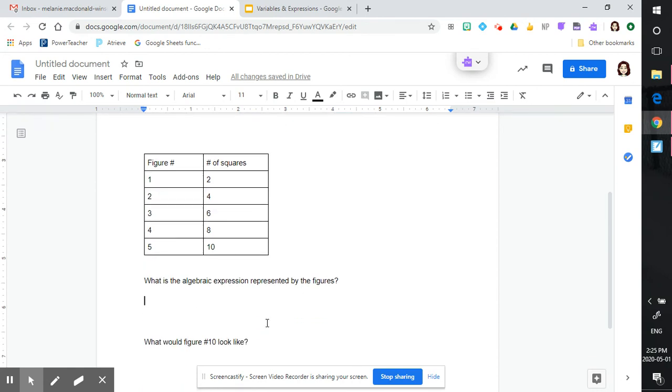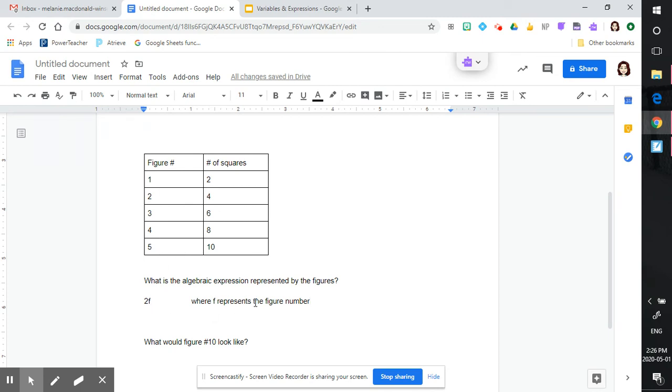So my algebraic expression looks like this, 2f, where f represents the figure number. So whenever you are using a variable, you always have to tell me what that variable represents. So if I wanted to figure out the number of squares, I would do 2 multiplied by the figure number.